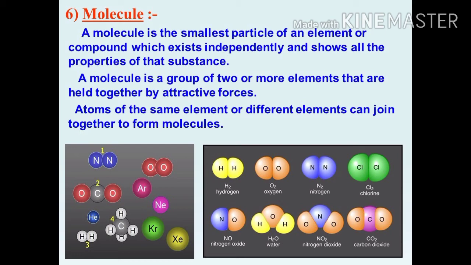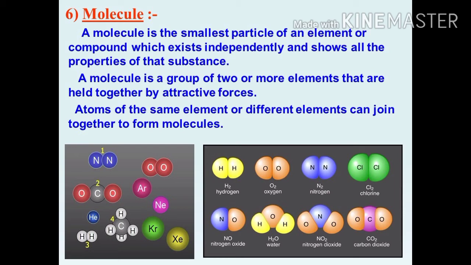See the second picture, first line: H-H, the same element joins, forms hydrogen. O-O, oxygen. N-N, nitrogen, same element. Cl-Cl, chlorine, same element joins and forms a molecule. See down, NO, nitrogen oxide, two elements. Nitrogen is one element, oxygen is one element.